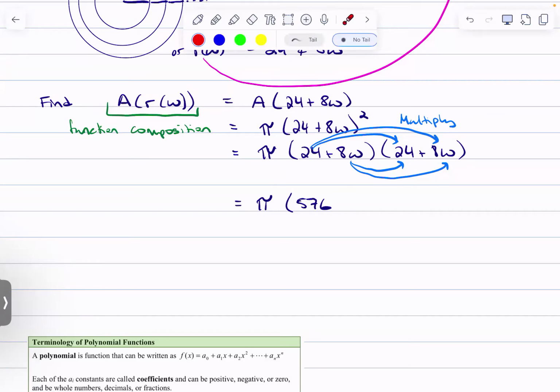So that's this guy here, 24 times 24. Now 24 times 8W: 24 times 8, and the W just hangs tight. 192. Now I know 8W times 24 is still going to be 192, but I have to write it again. And finally, 8 times 8 and W times W. Let me just confirm here. 64 W squared.